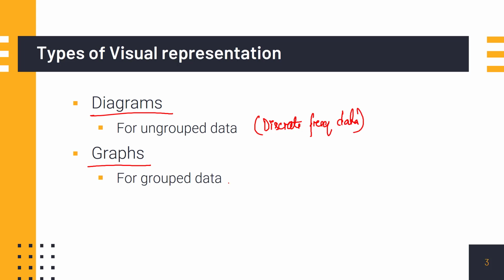And graphs are for continuous frequency data, right? So we use graphs for continuous frequency, and we use diagrams for discrete frequency data, right?